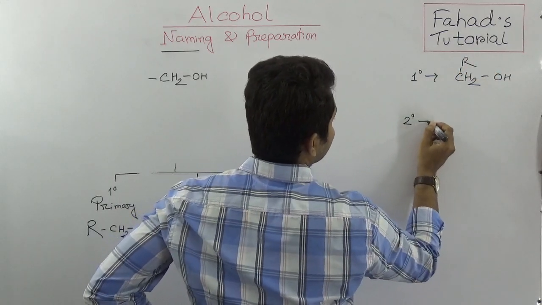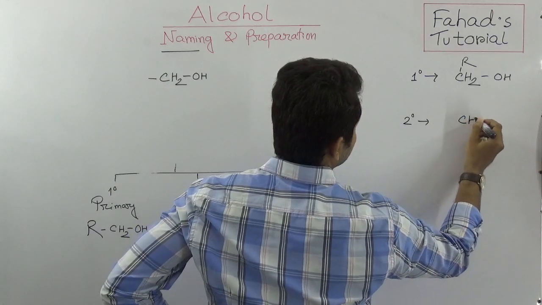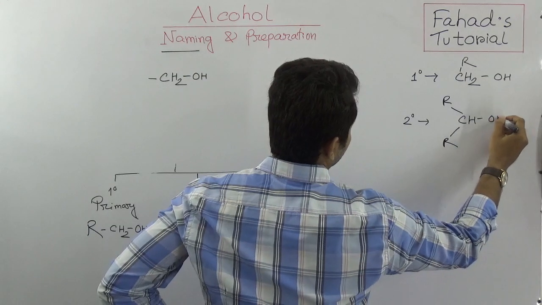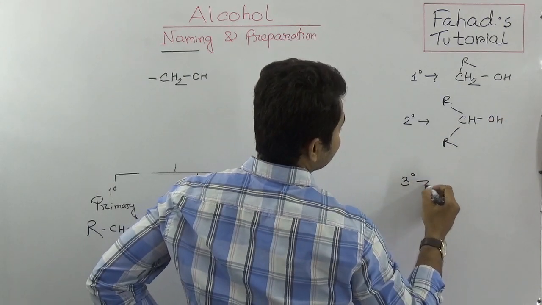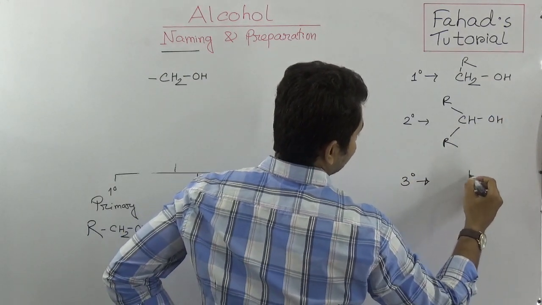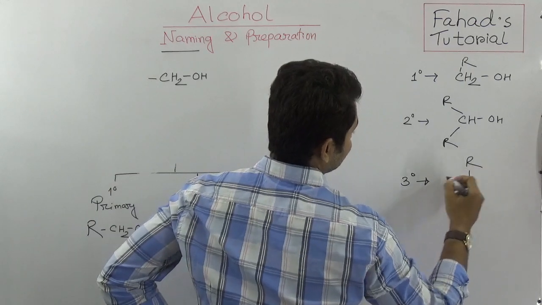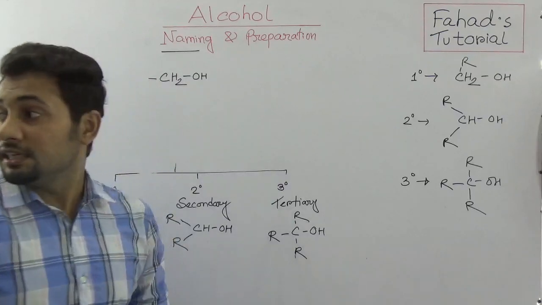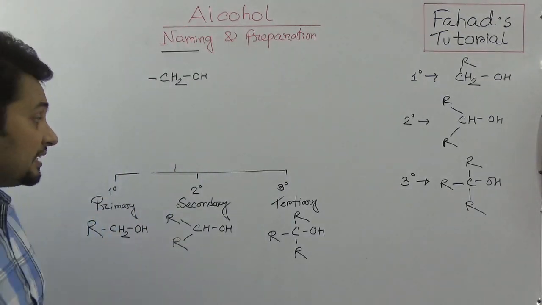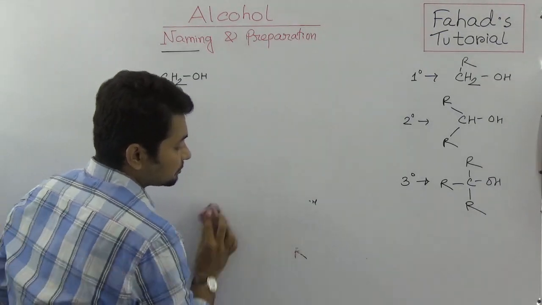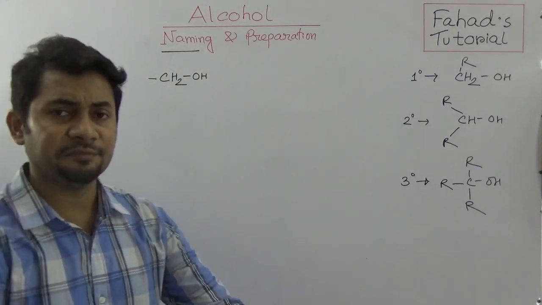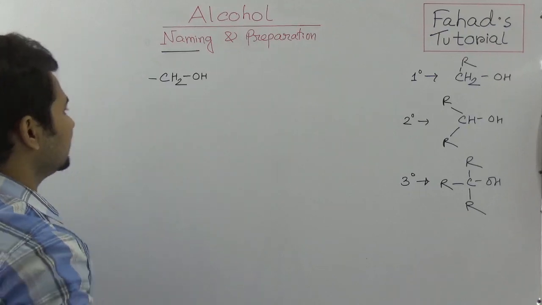In case of 2 degree, there would be CH, but 2 alkyl groups and OH, and in case of 3 degree, there would be 3 alkyl groups and simply the hydroxyl. So I hope you can remember this very simple formula to memorize, which is 1 degree, 2 degree and 3 degree alcohol. Also you can say primary, secondary and tertiary alcohol.